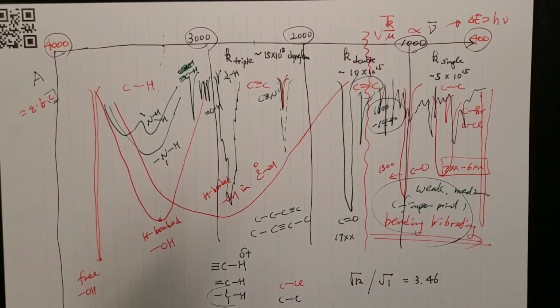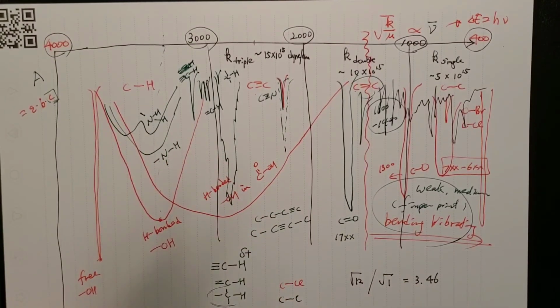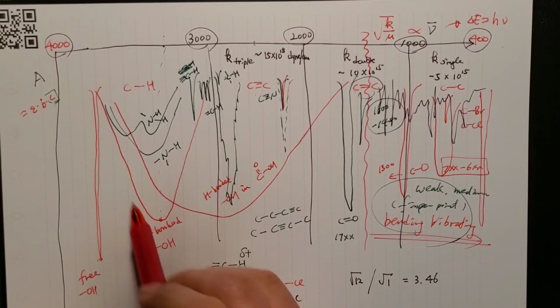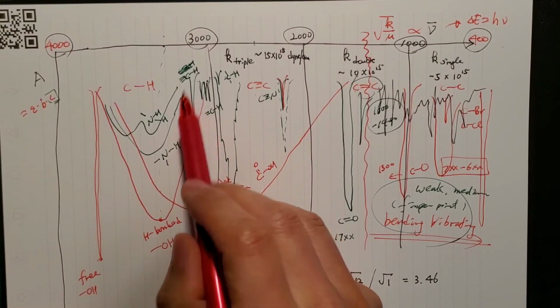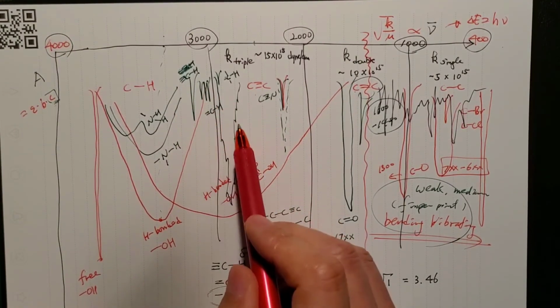I'd like to add two little things here before I flip to the new page, and I think I should do it in the next video. But when you look at these OHs, that's broad, and from time to time they come in with other signals, because you always have a carbon hydrogen, like this.